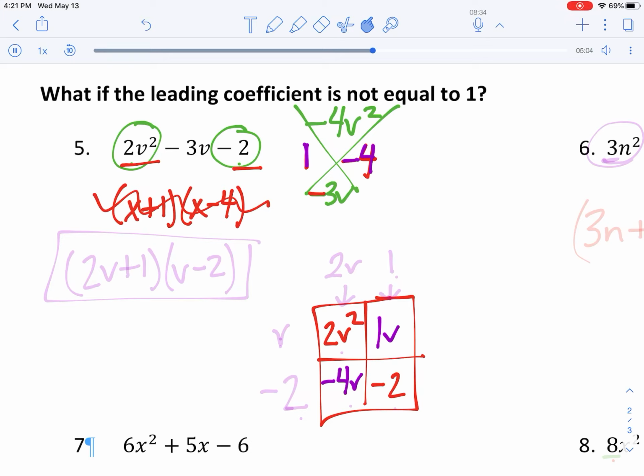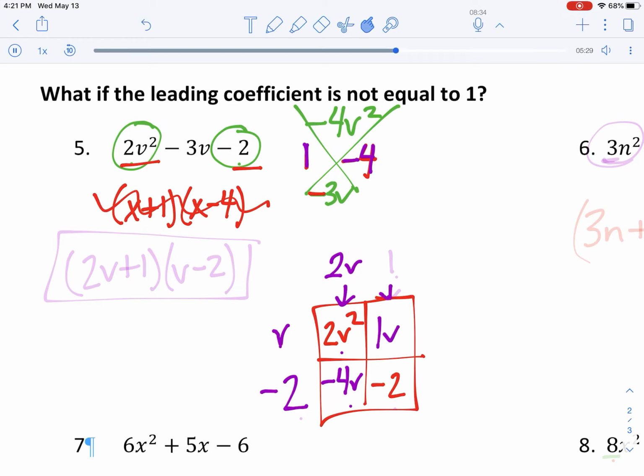So if we factor out, looking at what multiplies into both 2 and 4, we're going to get a 2v here. 2v times what is 2v squared? Well, 2v times v. 2v times what is negative 4v? Negative 2. So I have 2v here, v, negative 2.